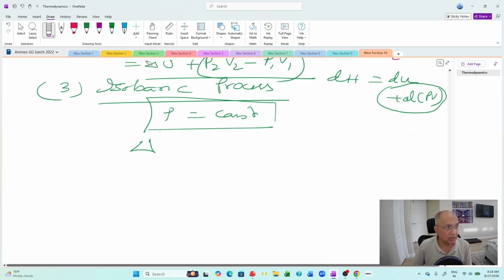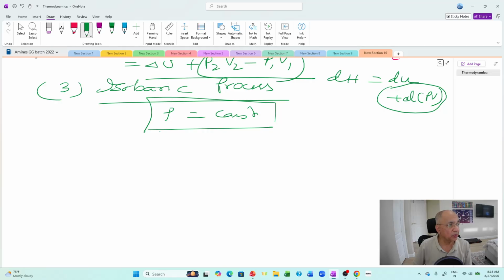we wrote this by mistake, so it should be written here: dH is equal to dU plus P dV plus V dP.